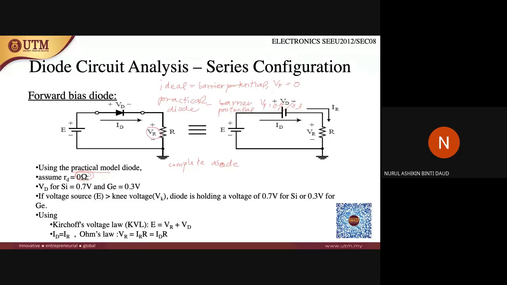If it is a silicon case, VD is 0.7. Let's say that E here is 1 volt. So VR is how many? VR is 0.3 volts.